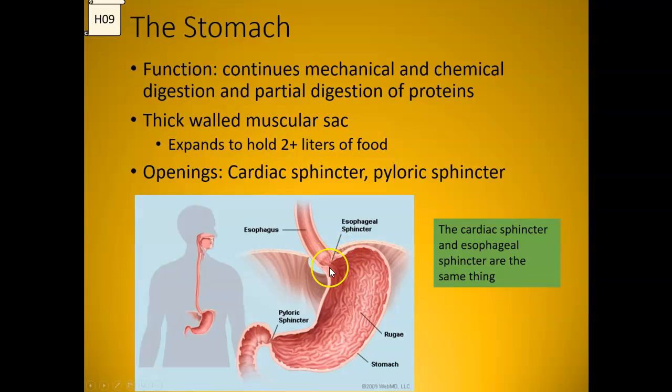A sphincter is any ring of muscles that can pinch down and become watertight. Food comes in, this is closed off, this becomes closed off, and it squishes and squishes the food, and then we relax this one here, and food moves out of the stomach into the small intestine. It is worth noting that the cardiac sphincter and the esophageal sphincter are the same thing.